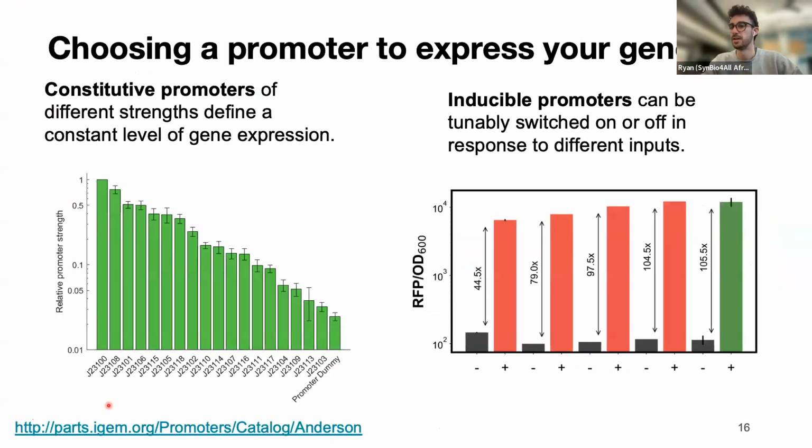If we go back here, these promoters that I'm showing are different biobrick promoters that are all developed by the iGEM community, meaning these are community developed promoters that are available publicly. If you Googled any of these numbers and promoter, you'd be able to find the sequence. And so you could know that you're using a strong, weak, or medium strength promoter, which would be helpful if you're trying to standardize your parts.